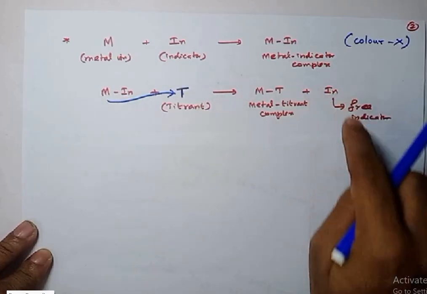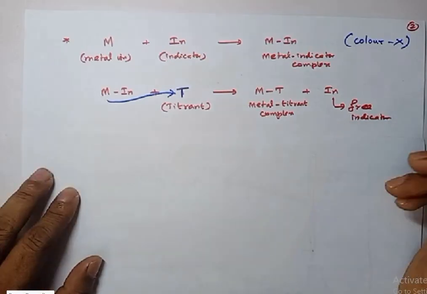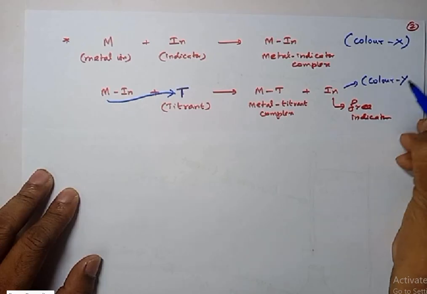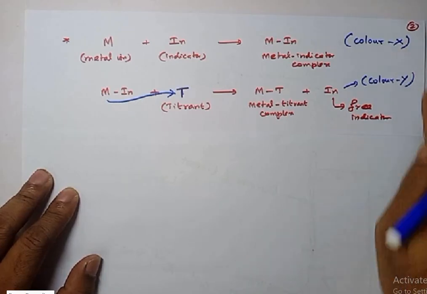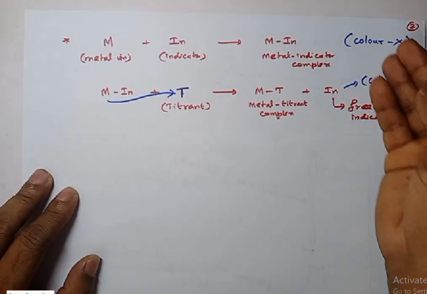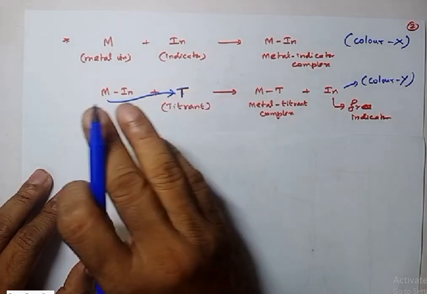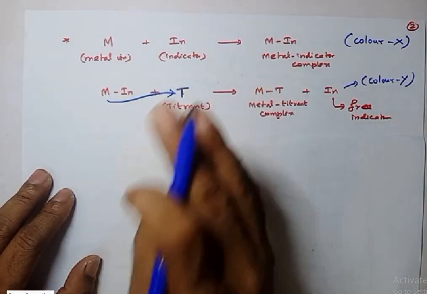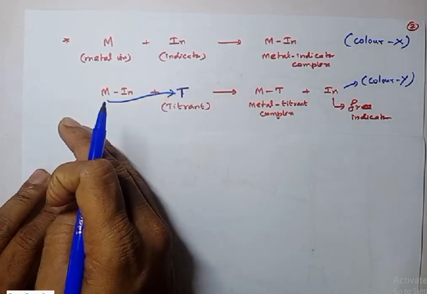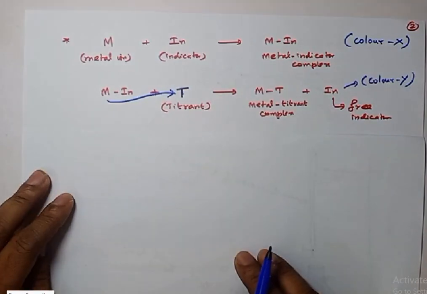The free indicator, which is also present in the same solution, will give a color different from the previous one. If this is X, this should be a different color Y. So X and Y are different here. Therefore, at the end point, a characteristic color change happens. It depends on the metal ion and on the metallochromic indicator that we use.